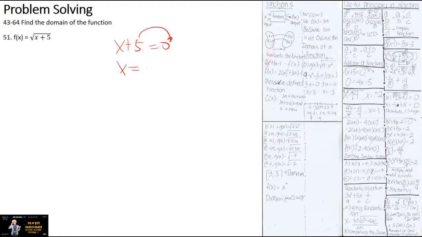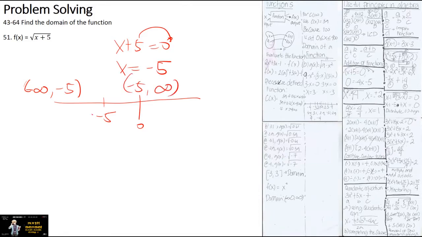Negative infinity to negative 5. Then negative 5 to positive infinity. So, mula pa kaliwa, next naman is pakanan. So, try natin. Negative 5.5. So, negative 5.5, ano mangyayari?